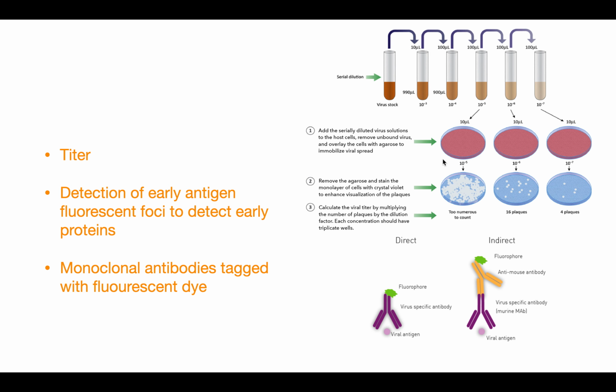You can also use now monoclonal antibodies tagged with a fluorescent dye, really similar to the PCR method, in order to identify the viral antigen. This is more for academic reasons, really.